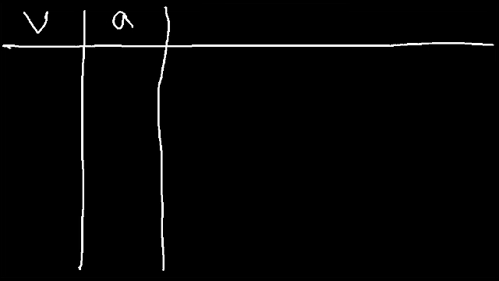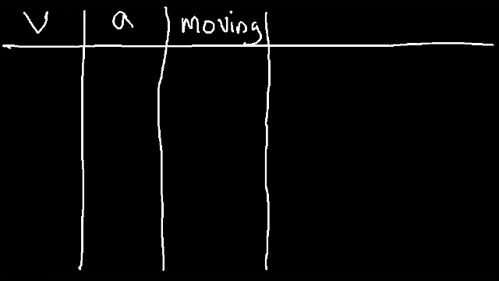Now let's make a table. So we're going to have velocity, acceleration, and for the next one, whether it's moving to the right, to the left, or at rest. And then whether it's speeding up or slowing down.